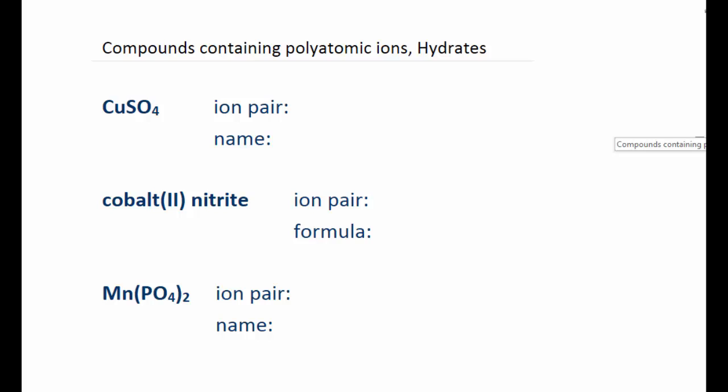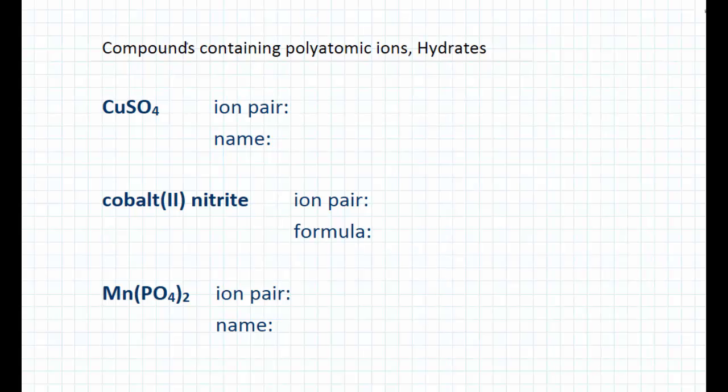So, let's do a couple compounds that have polyatomic ions in them. What is the ratio of ions present in CuSO4? Obviously, there's one copper there. So 1 copper for every what? 1 sulfate ion.